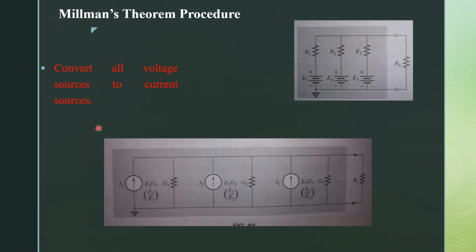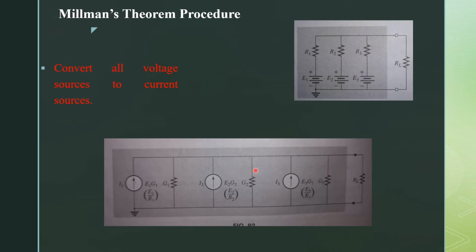When we replace this voltage source with the current source, using Ohm's law we write the value of the current I1 is equal to E1 divided by R1. If we write this in terms of conductance, I1 is equal to E1 into G1. G1 is basically the conductance, which is the reciprocal of the resistance.